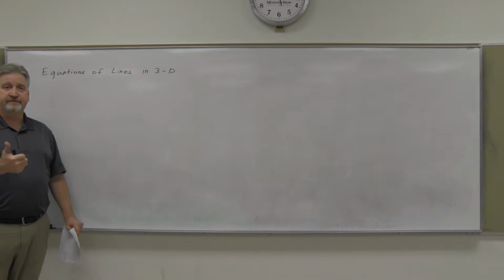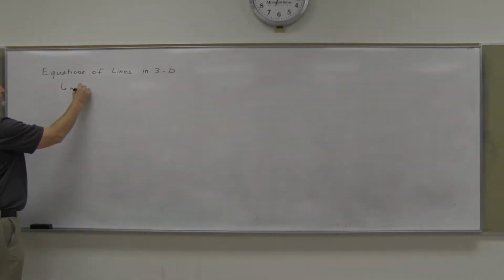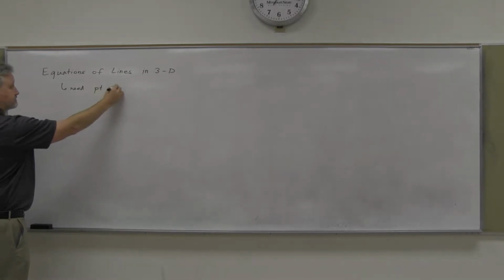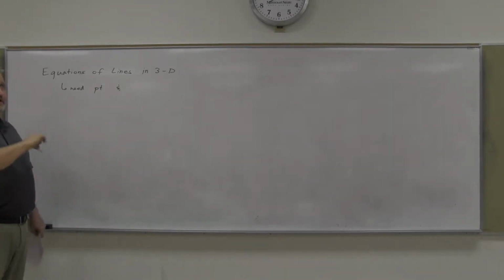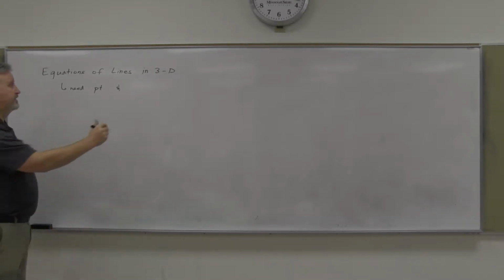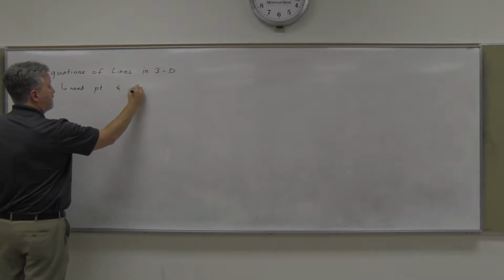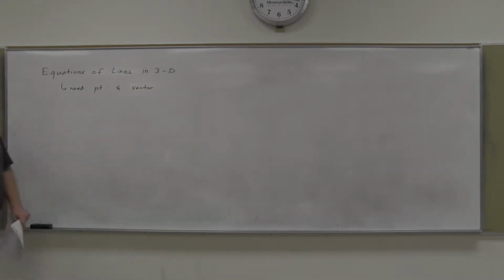We need a point and a direction, and in 3 dimensions, one way we can give directions is with a vector. So for the equation of a line in 3 dimensions, you need a point and a vector.